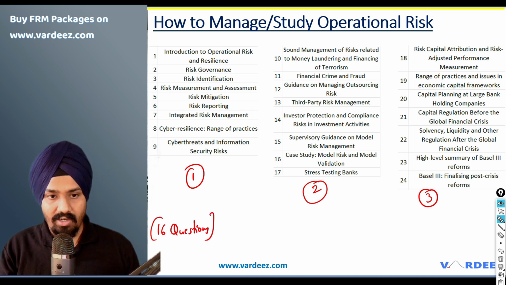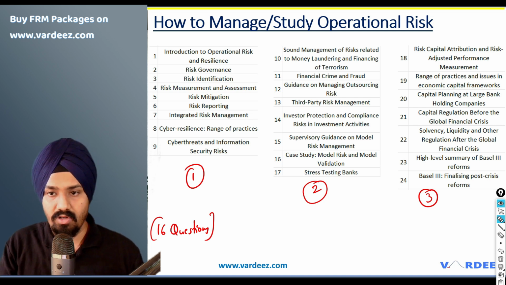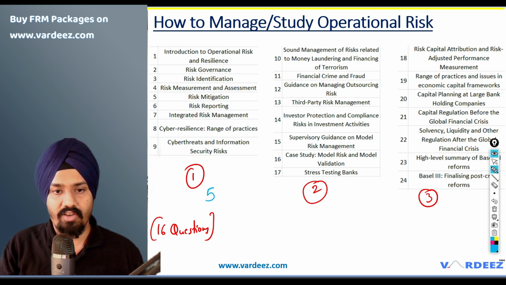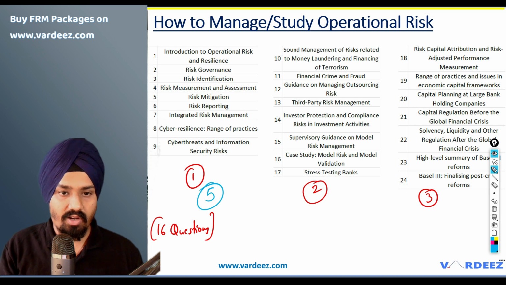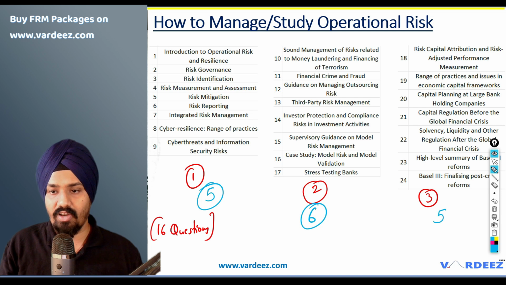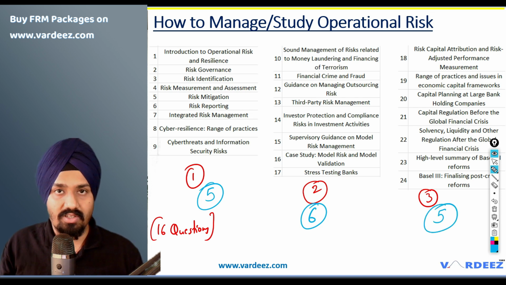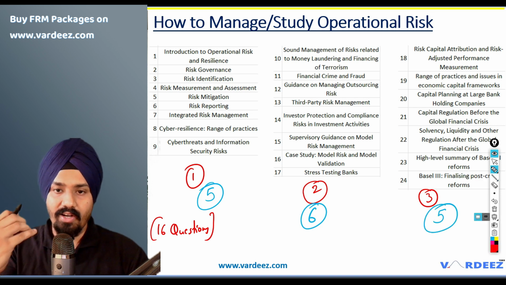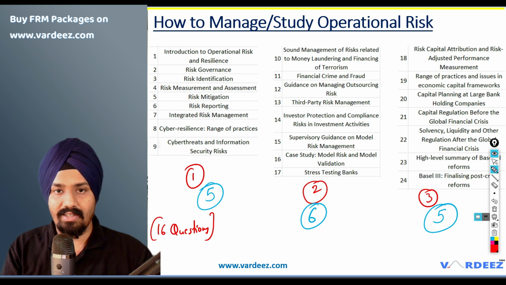If you divide those 16 questions into these three parts, suppose you get 5 questions from one bucket, 6 from another, and 5 from the last.